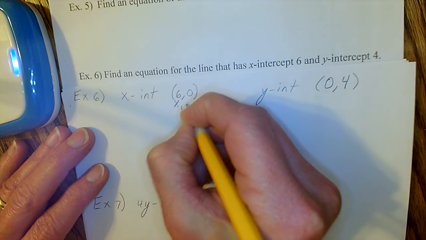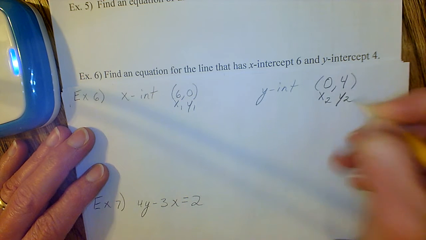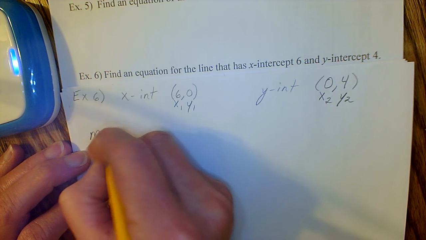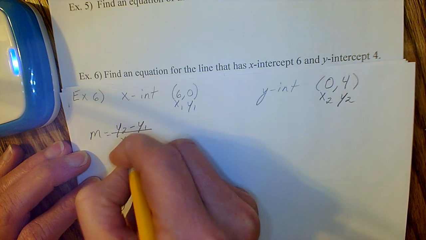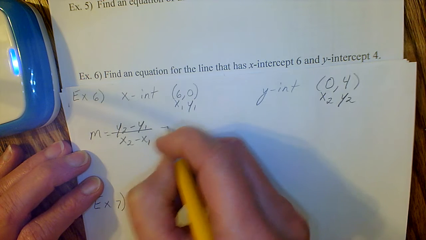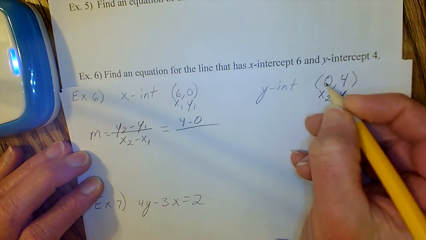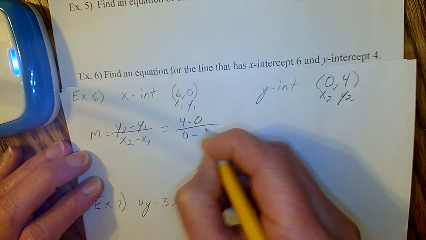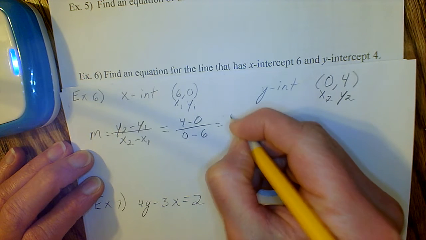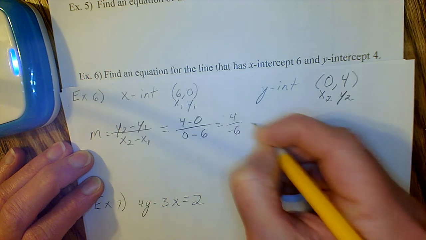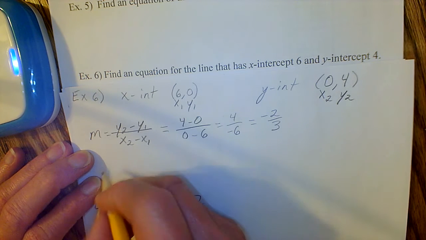Let's let this be x1, y1, and this can be our second point, x2, y2. From that we can find the slope using y2 minus y1 over x2 minus x1. That'll give us 4 minus 0 over 0 minus 6, which simplifies to 4 over negative 6, which is negative 2/3 for our slope.